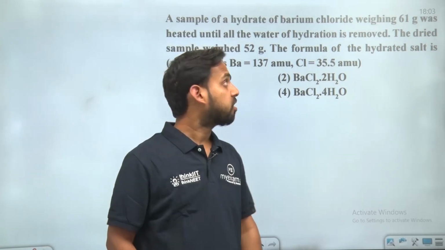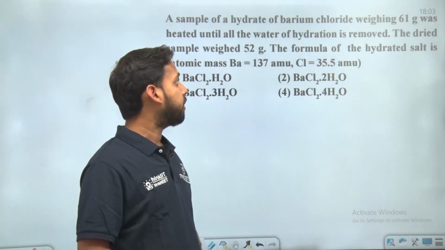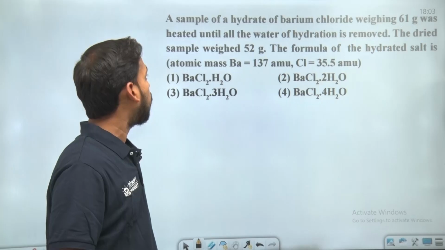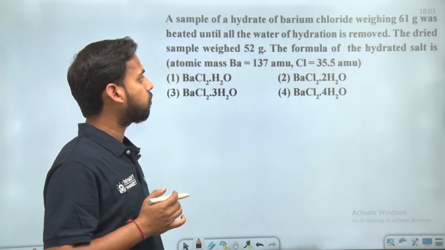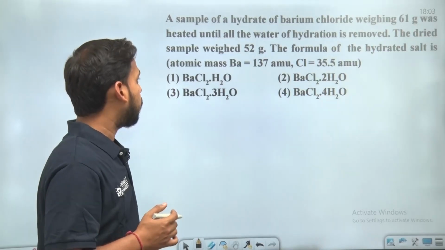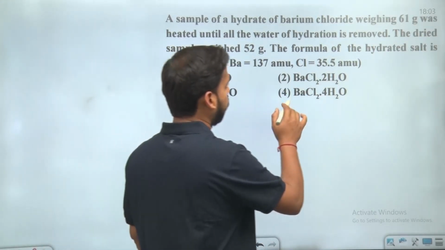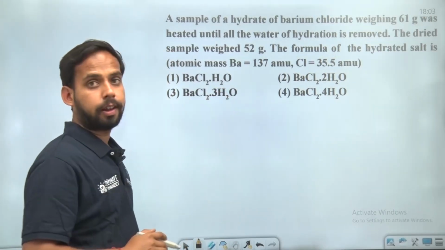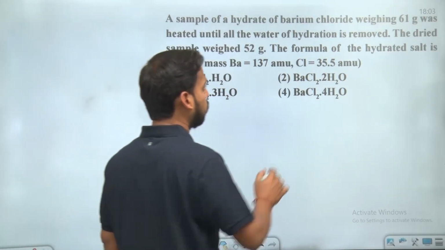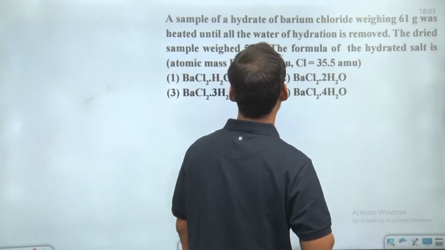Next question: a sample of a hydrate of barium chloride weighing 61 grams was heated until all the water of hydration was removed. The dried sample weighed 52 grams. The formula of the hydrated salt is? The atomic mass of barium is given as 137 amu and chlorine is 35.5 amu.